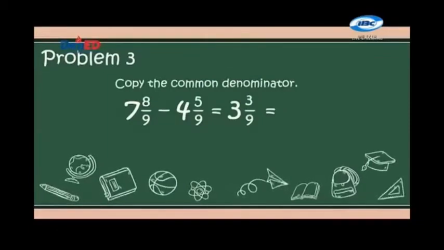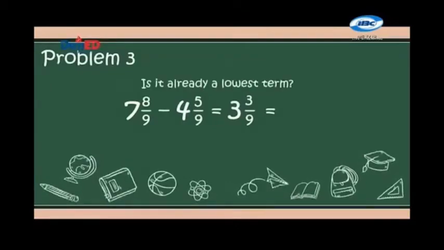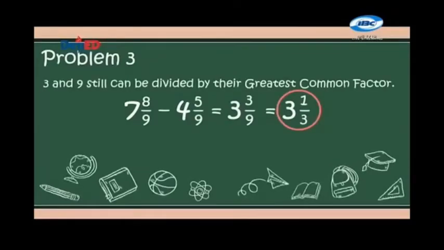So, we have 3 and 3/9. Is it already a lowest term? No, because 3 and 9 still can be divided by their greatest common factor or GCF, 3. Therefore, our final answer is 3 and 1/3.